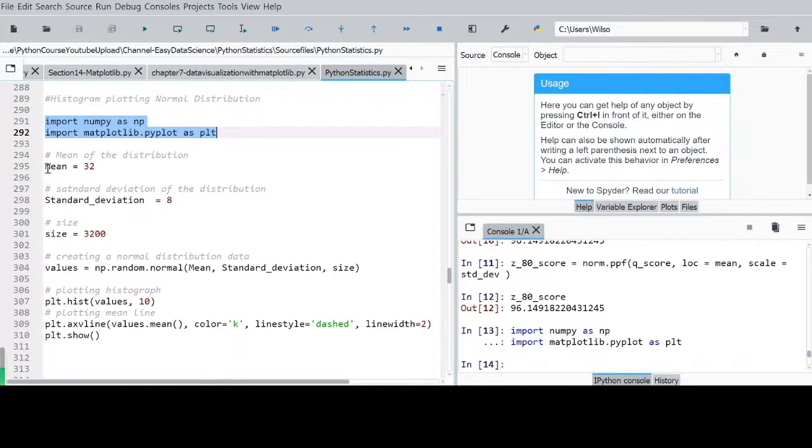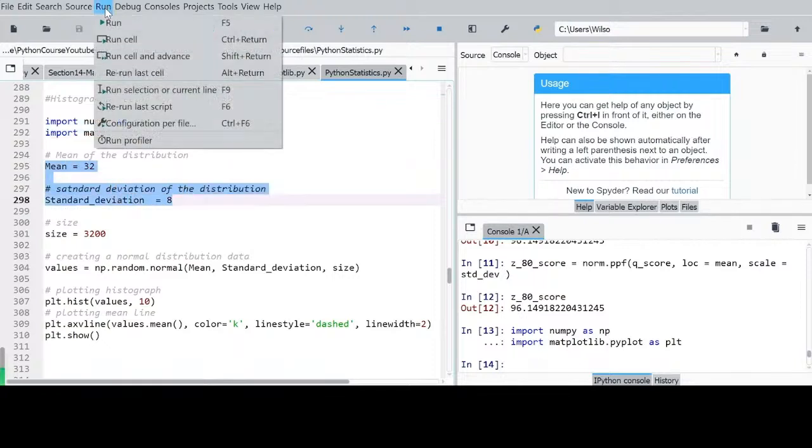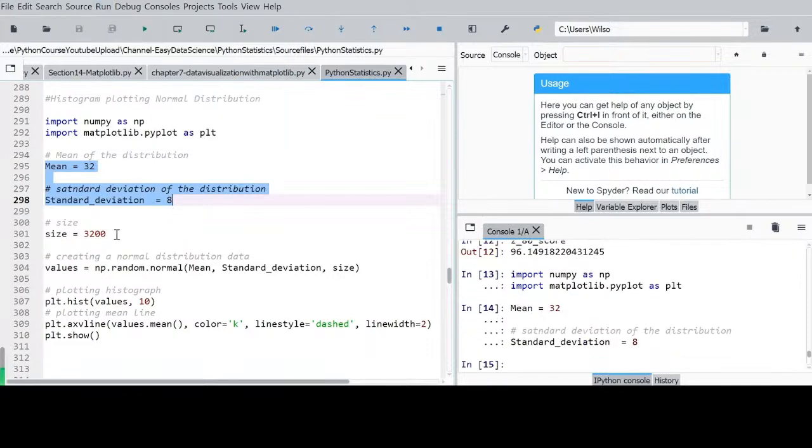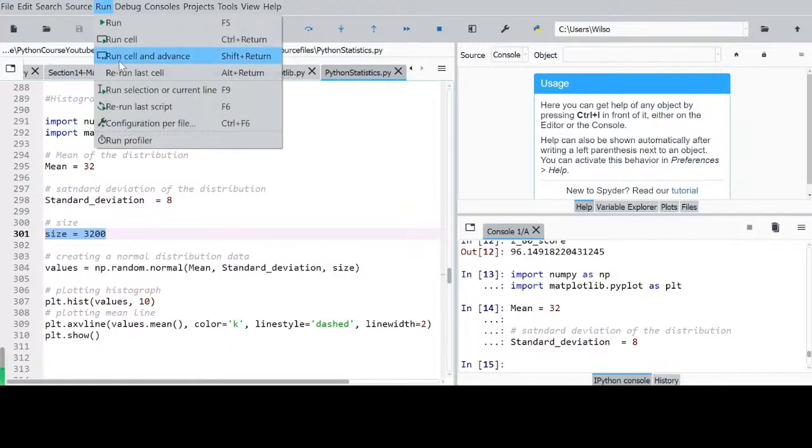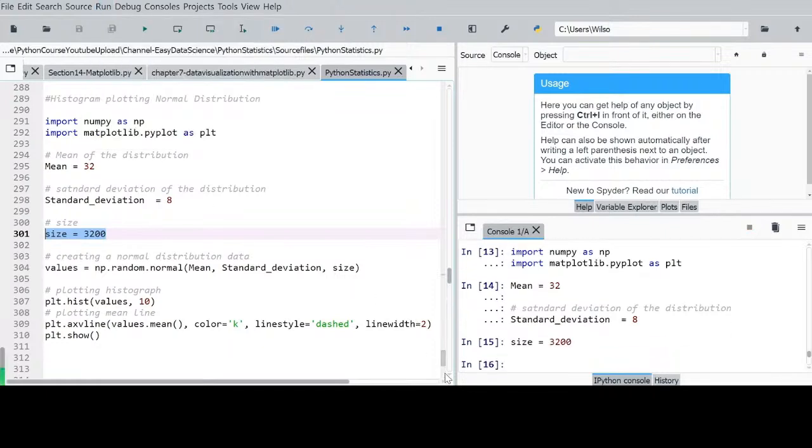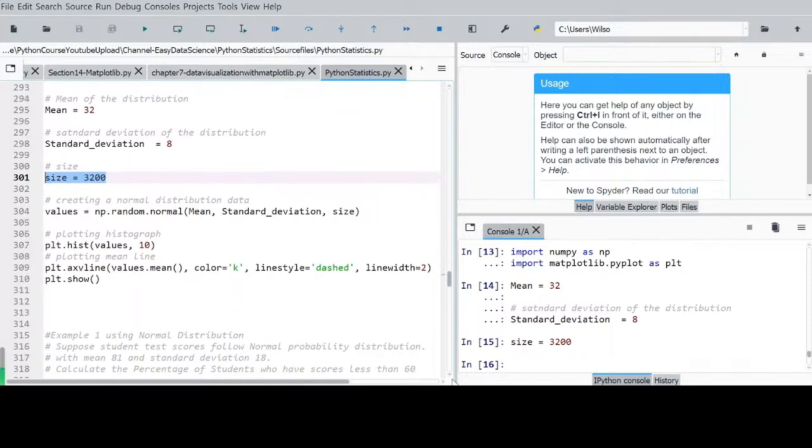Then we define the mean and standard deviation of this normal distribution. We want to draw random numbers from this normal distribution, so we will draw 3,200 random numbers, and we define the size equal to 3,200.